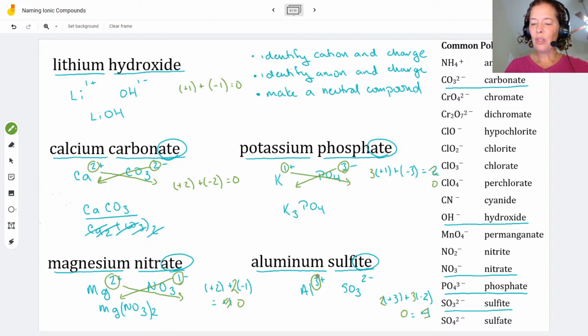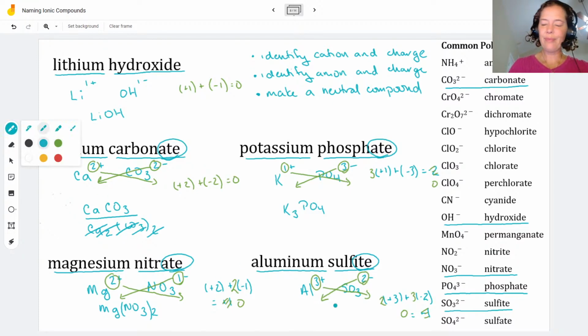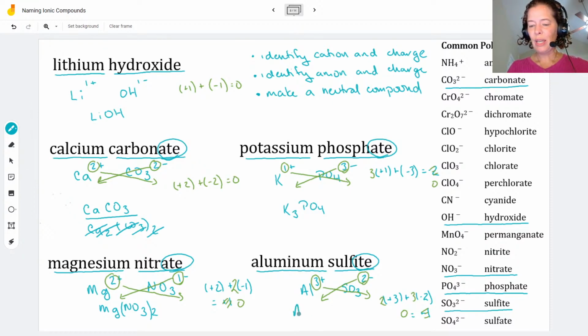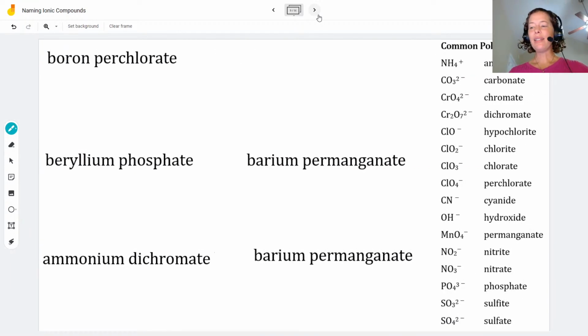Or again, our crisscross, you take your 3 down here and you take your 2 down to your aluminum. So this is going to be Al2, again, don't forget your parentheses, (SO3)3. Make sense? Okay, let's keep practicing. Because again, these are difficult, especially getting the crisscross, and it's really hard sometimes not to take that negative down, but don't take that negative down.